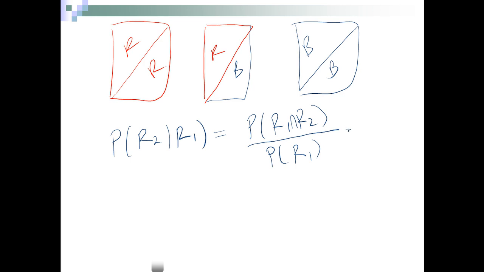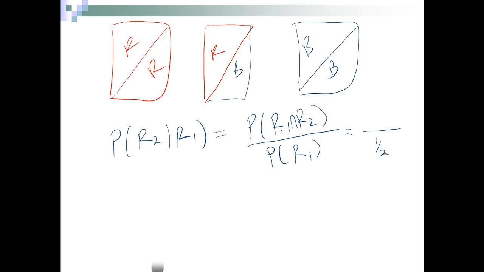So I think it's pretty easy to make the argument that the probability that we saw a red side on the first side is 1/2, because there are 3 red sides, 1, 2, 3, and there's 6 total sides. So we're going to have 1/2 in the denominator.